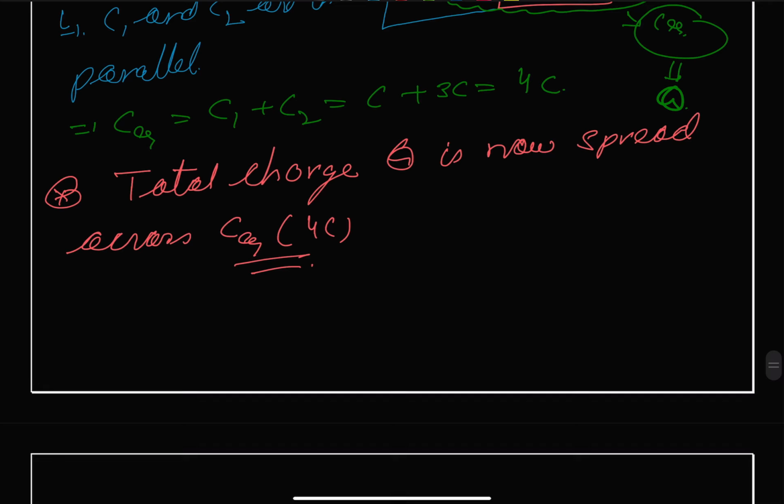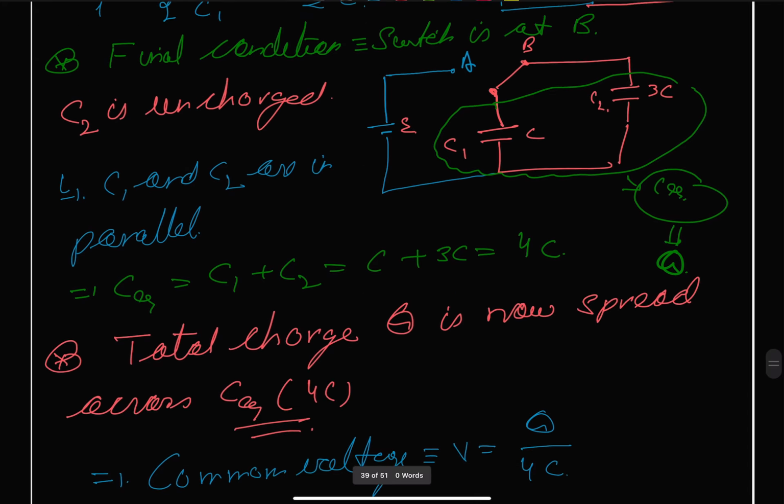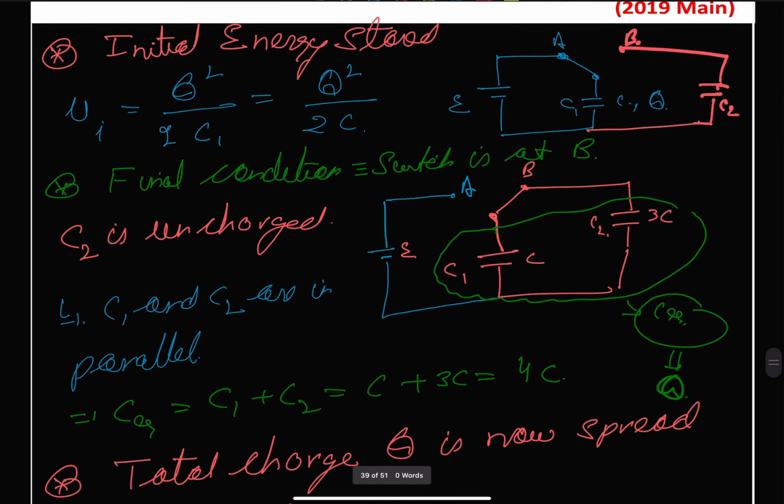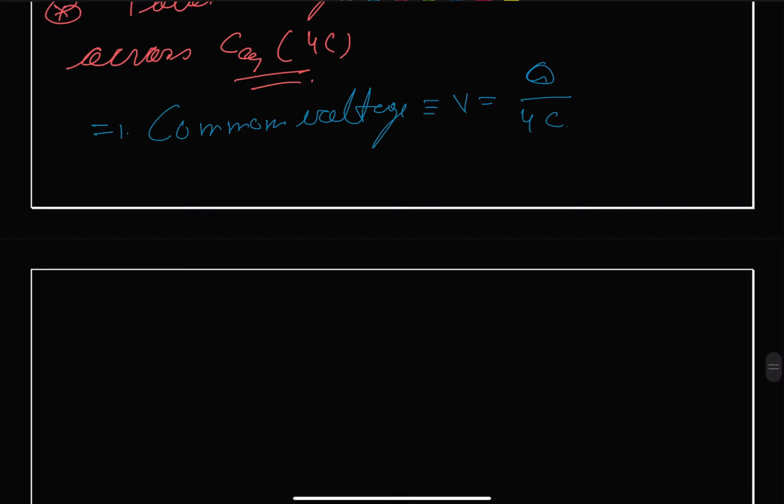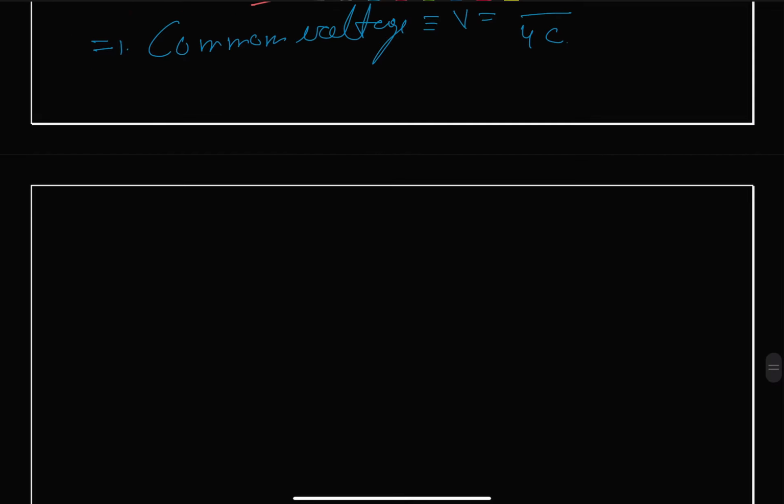From here we can find the common voltage, V, which will be equal to Q divided by 4 times C. So we can find the final energy.